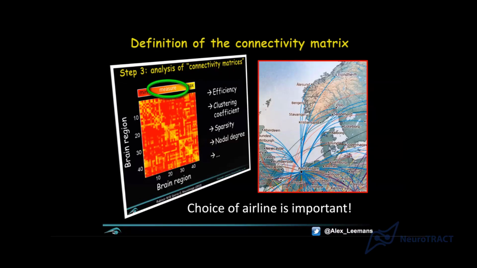If I'm showing you this map, well, then obviously Amsterdam is very important. It's a hub. But if I were to use a Norwegian airliner, well, maybe Trondheim or Bergen would be very important, or Oslo would be very important on this map, right? So it's also a matter of how do you define the connectivity matrix to begin with.